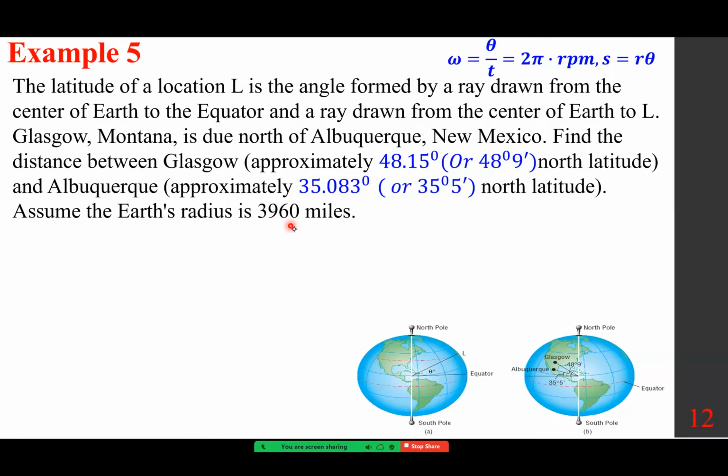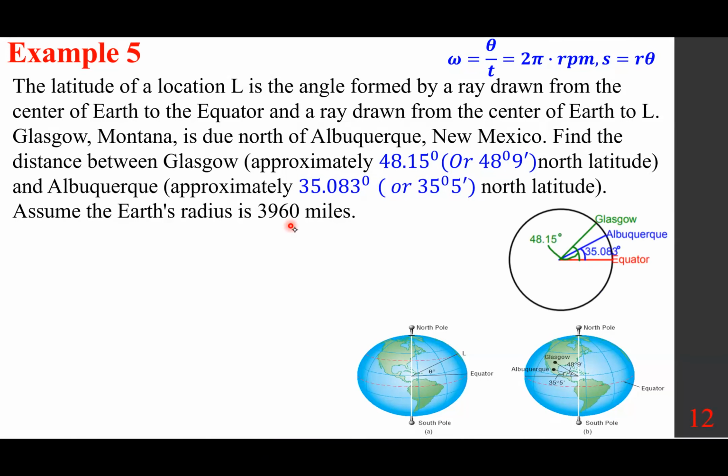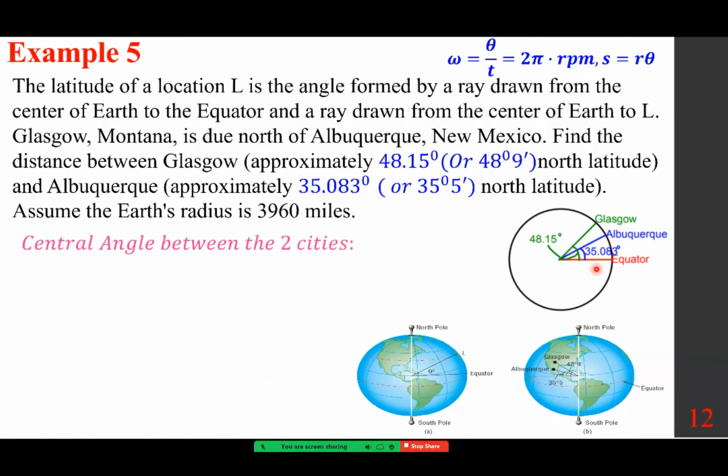So the information is given, and we just need to write the given. So what do we have here? Here's the equator. Albuquerque has this central angle. Glasgow has a different angle. So let's write them. The central angle between the two cities would be the difference between the two.